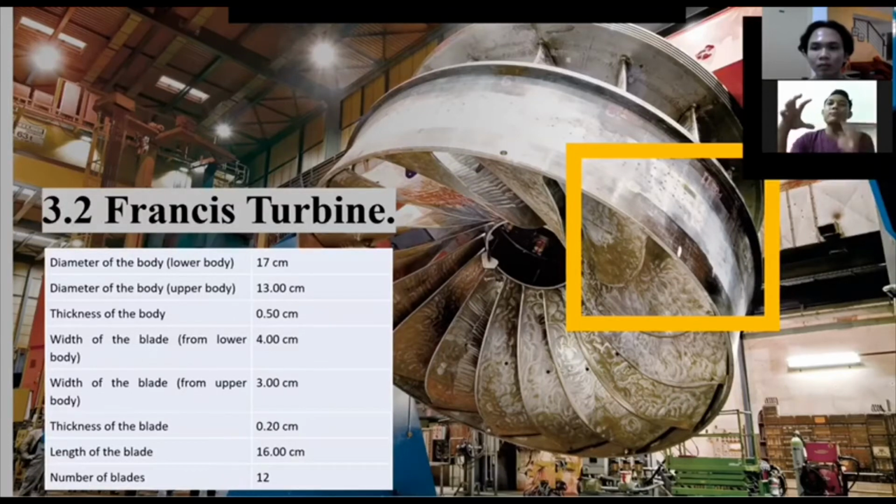Basically, both parts make the runner rotate. Okay, as we mentioned before for the Pelton turbine, for the dimensions of the Francis turbine, as you can see in the slide, the diameter of the lower body is 17 cm. The diameter of the upper body is 13 cm. The thickness of the body will be 0.5 cm, and the width of the blade from the lower body is around 4 cm.